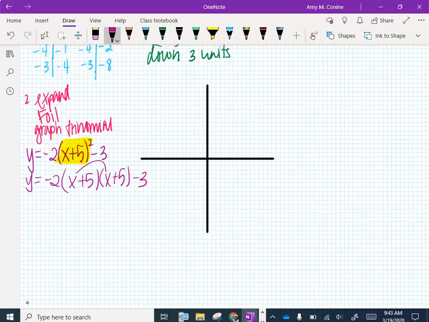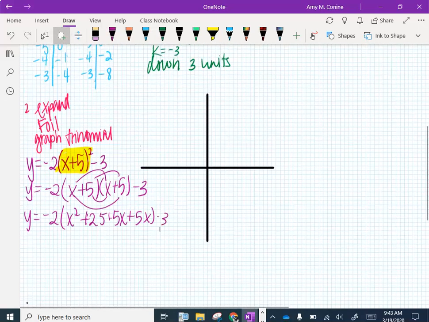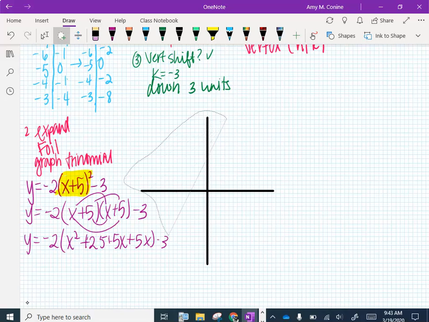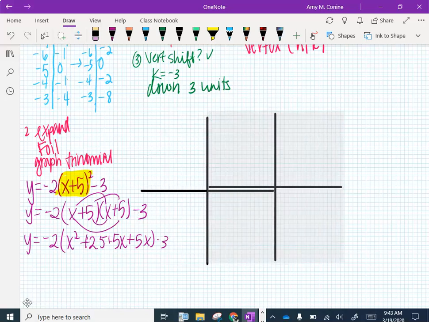I'm going to do my smiley face or my FOIL, again, however you remember is up to you. It's 25. And then I have 2 5x's. The last one. Sorry, guys. I'll move this over.